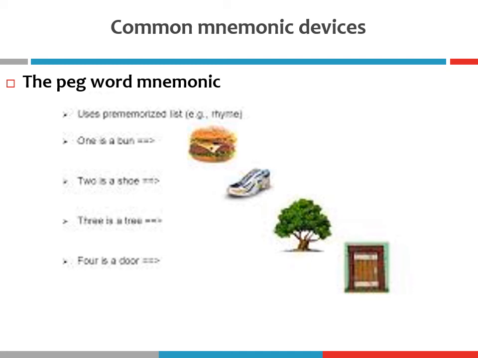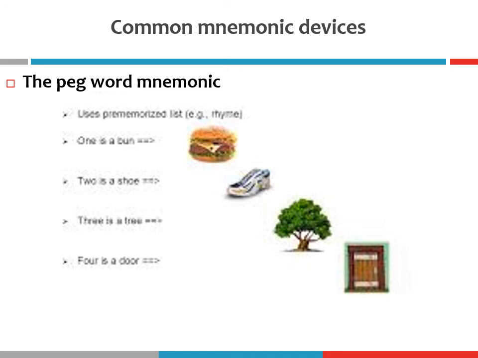Peg 2 is a rhyming word, right? So there is some encoding or active studying that we have to do, but not much, right? Because rhyming, again, is going to take advantage of that existing scaffold or peg that we have. So in no time at all, we can learn 1 is a bun, 2 is a shoe, 3 is a tree, 4 is a door, etc. So those are our two pegs on which we are going to hang, if you will, the new information, right?